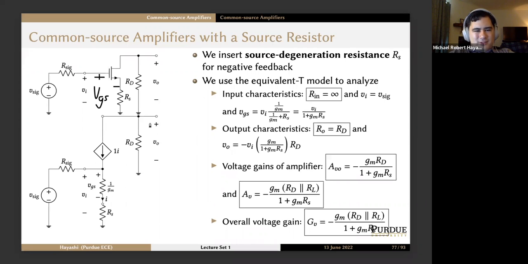So Vo is equal to minus Vi over 1 plus gm RS, times gm RD. Where does that come from? Well, this current equals the current that flows through here, which is equal to Vi over this total resistance right here.